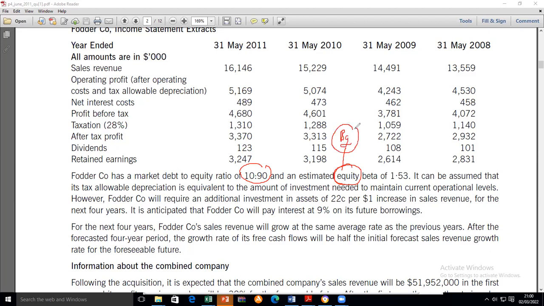This is a geared beta, the equity beta of 1.53. It can be assumed that its tax allowable depreciation is equivalent to the amount of investment needed to maintain the current operational levels.